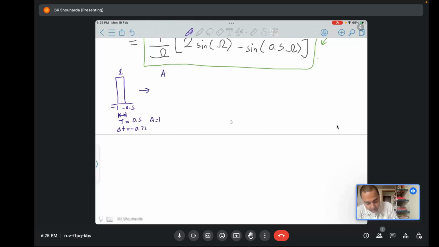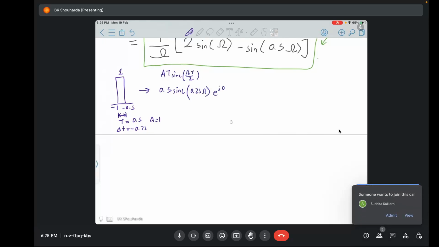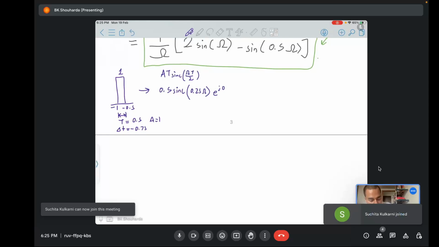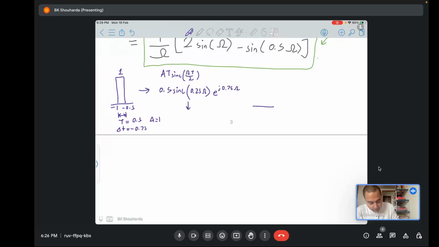So our A T sinc omega T upon 2 becomes 0.5 sinc 0.25 omega e to the power j 0.75 omega. This was the first one. The other one automatically turns out to be 0.5 sinc 0.25 omega e to the power minus j 0.75 omega.